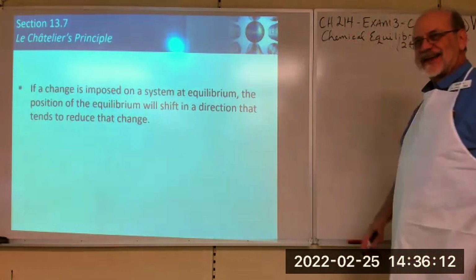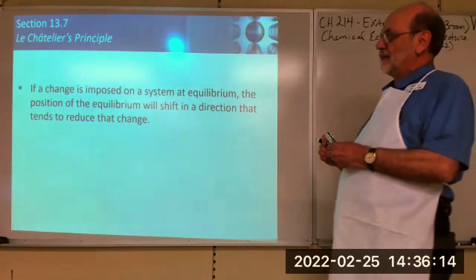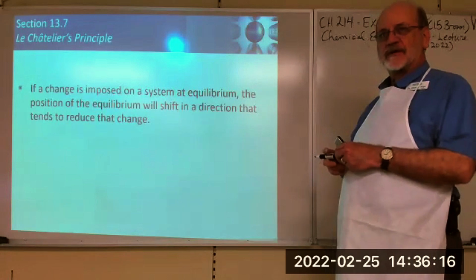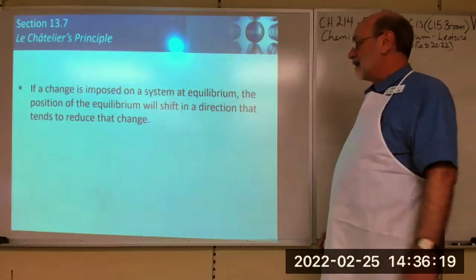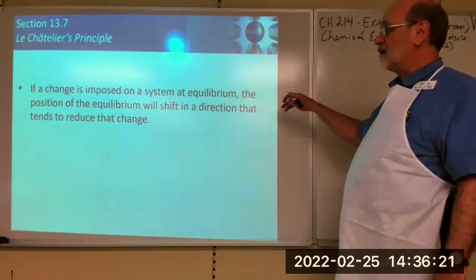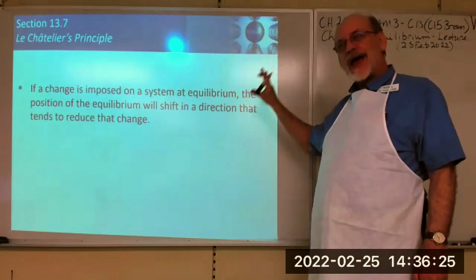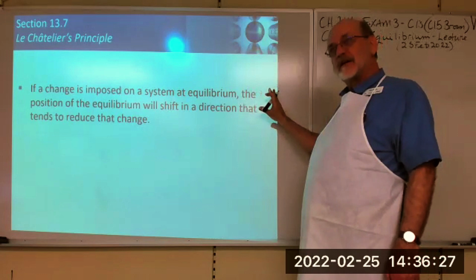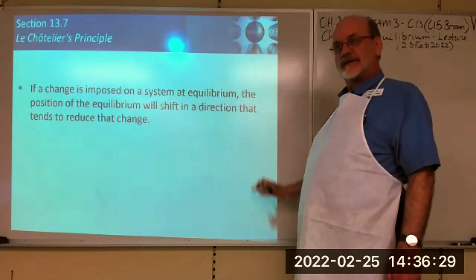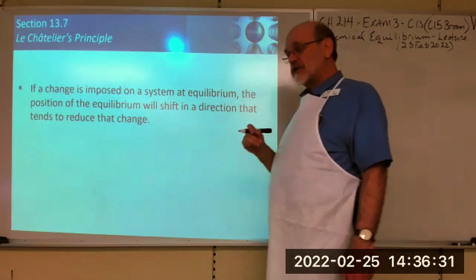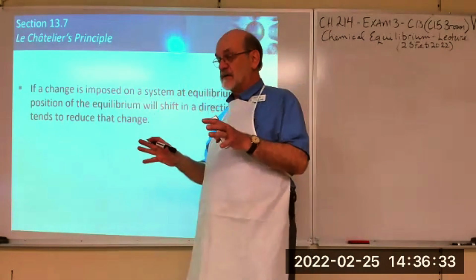Okay, Le Chatelier's principle. Obviously, Le Chatelier was a Frenchman. And he formulated what we've already discussed as what happens to an equilibrium state when you disturb it. And you can disturb it in a number of different ways.